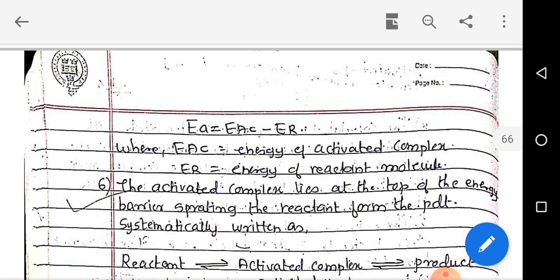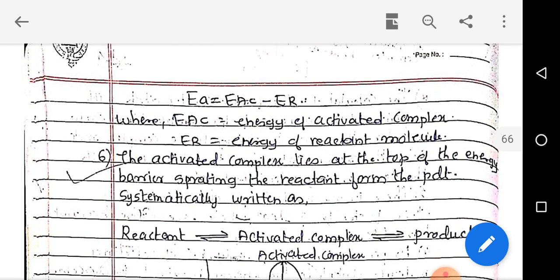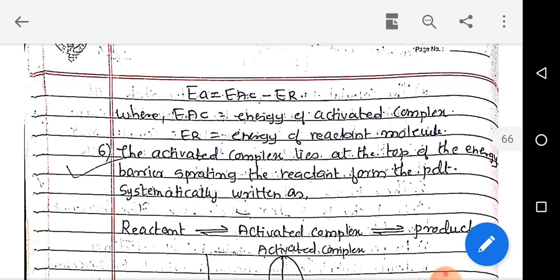So Ea, the activation energy, is equal to Eac minus Er. Here the meaning of the terms is: Ea means activation energy, Eac means the energy of the activated complex, and Er means the energy of the reactant molecules.